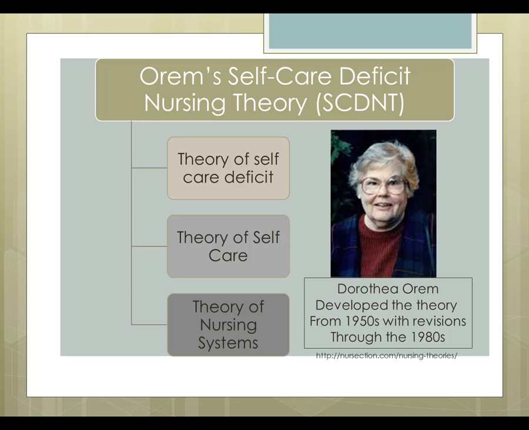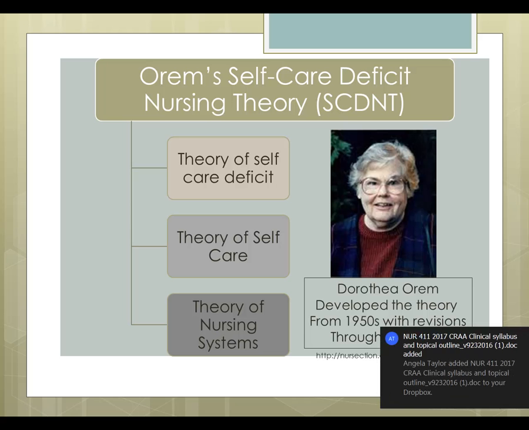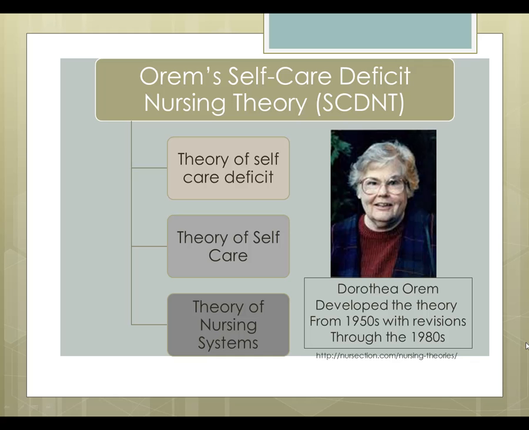And I think probably most of you in this class have heard of Dorothea Orem. She developed her self-care deficit nursing theory, which began in the 1950s and kept getting revisions up through the 1980s. It is a very well-known model. It was originally designed to help patients in environments where they were being discharged home quickly, more of an outpatient setting, helping that patient develop self-care.